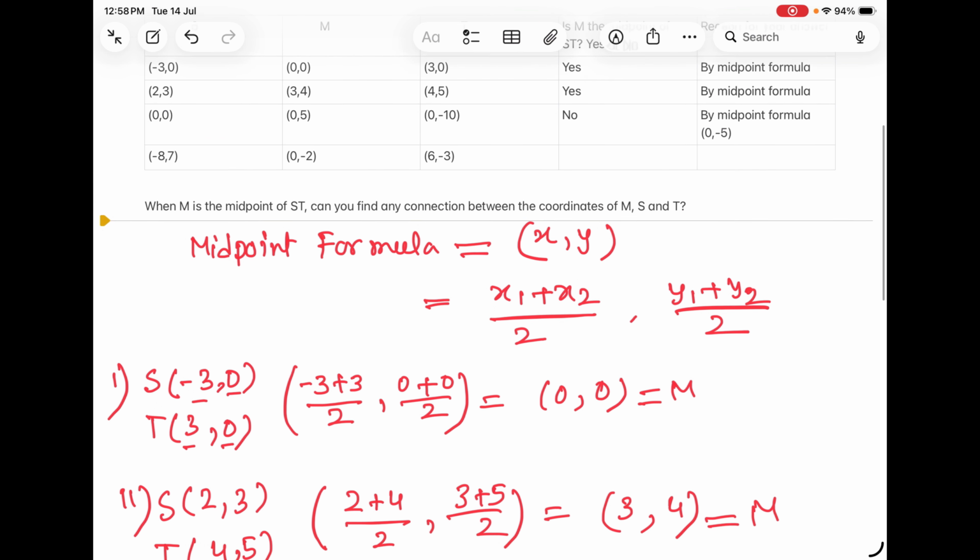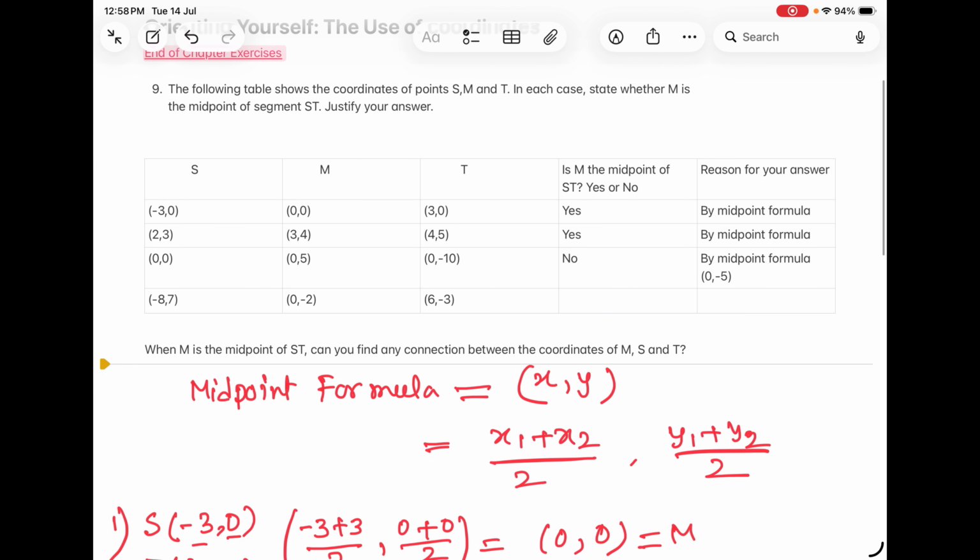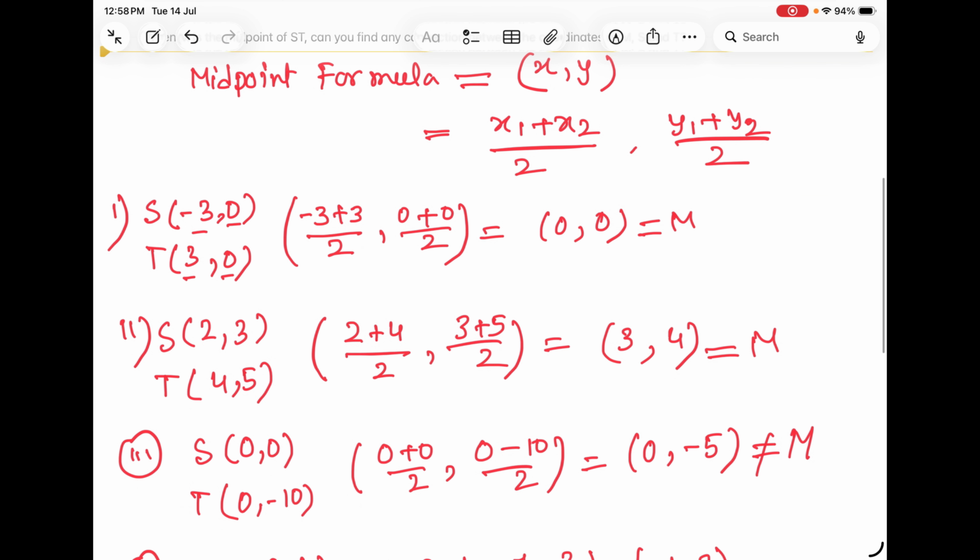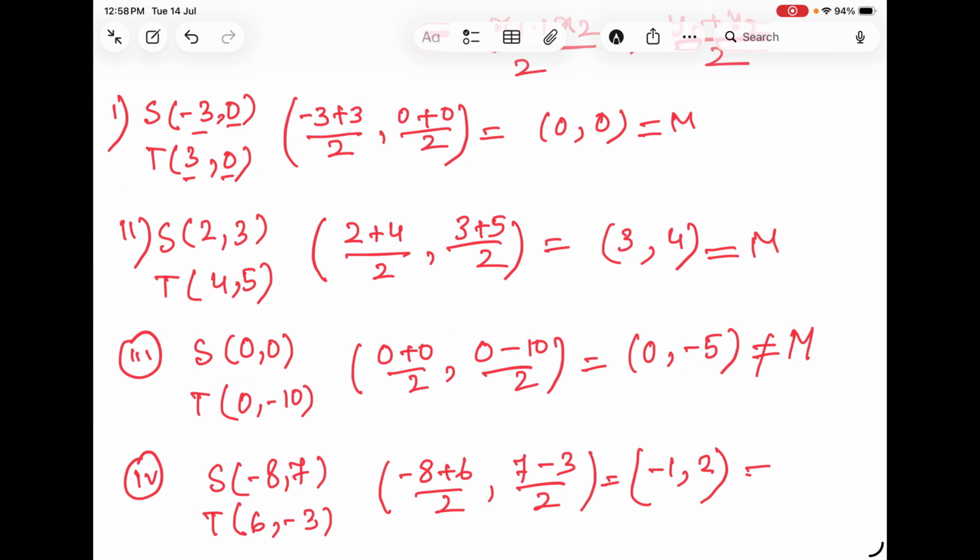Here the given M is (0, minus 2), which is not equal to our answer, so we write not equal to the given M.